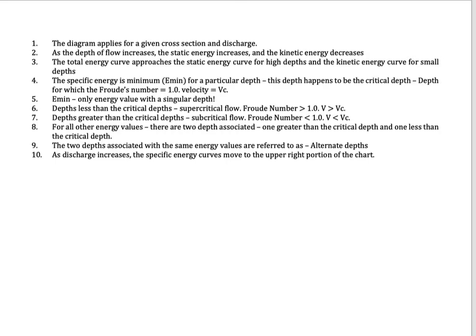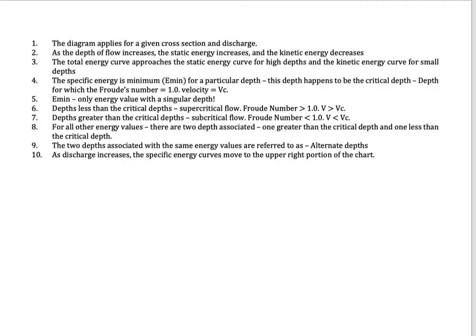So the total energy curve approaches the static energy curve for high depth and the kinetic energy curve for small depth. You could see the graph later on. The specific energy is minimum, E min, for a particular depth. This depth happens to be the critical depth, for which the Froude number is equal to 1.0.